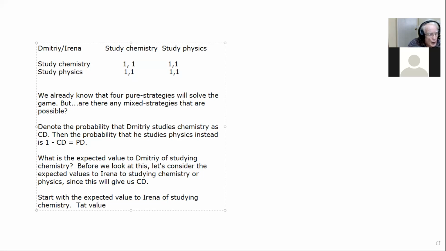That value is CD, the probability that Dimitri studies chemistry, and in that case, Urbana will receive 1 point.